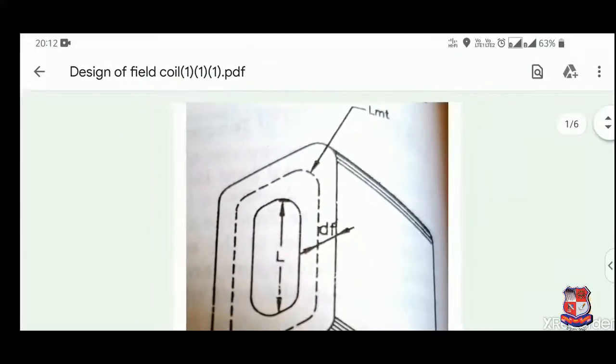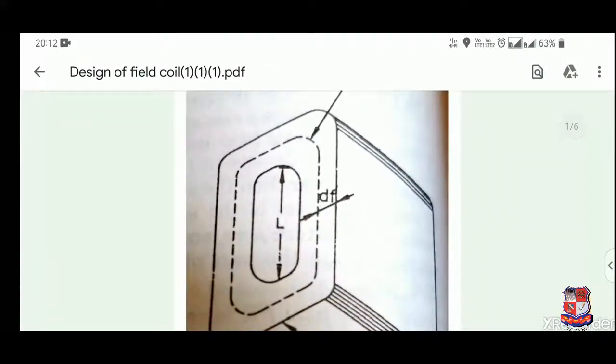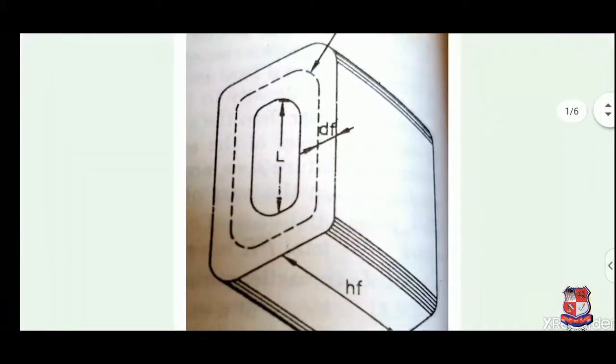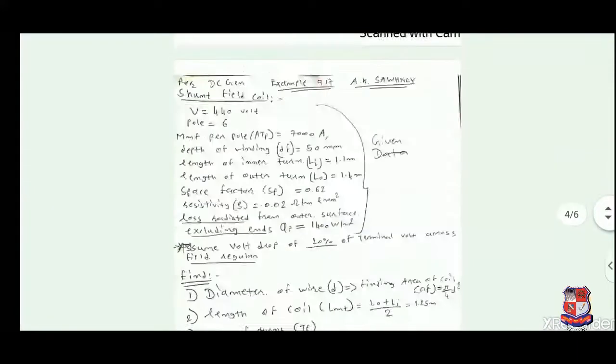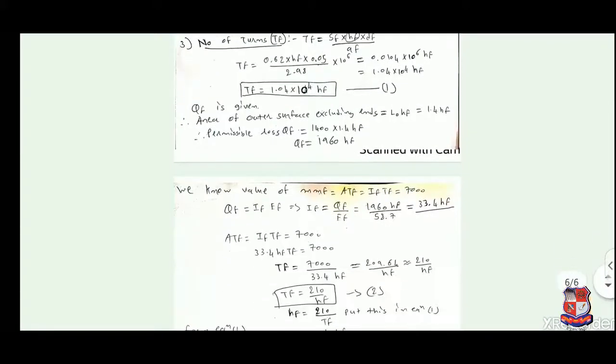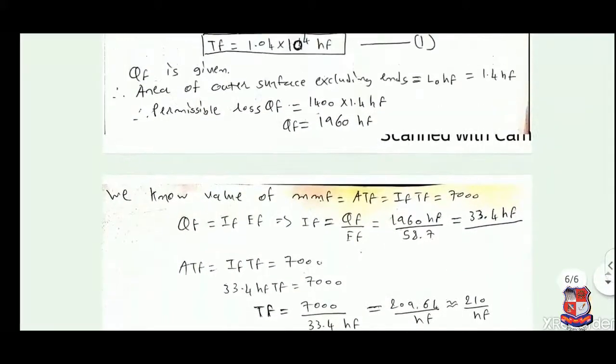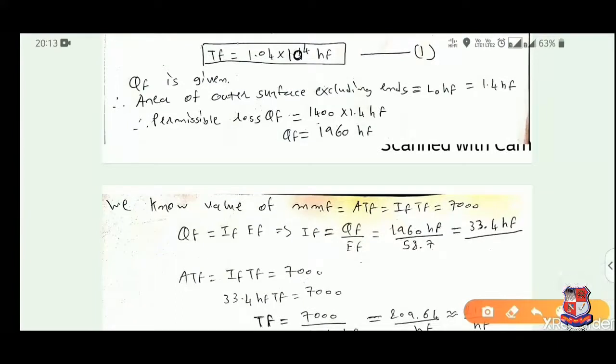You can see here the total LMT, but from this we can consider the outer periphery L0 and HF, so we can get the total area. So consider the area of outer surface excluding ends, L0 into HF. L0 is nothing but 1.4 and HF we put as it is because we don't know its value.